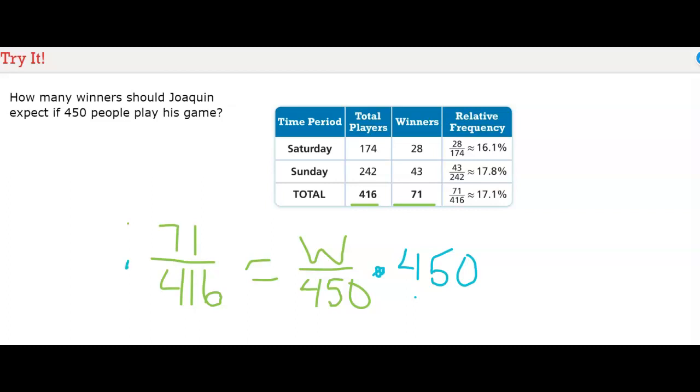The 450s cancel out on this side, and we have approximately how many winners. So we do 450 times 71 divided by 416, which gives us 76.8, and I'm going to round that to 77 winners. So there would be approximately 77 winners if 450 people played.